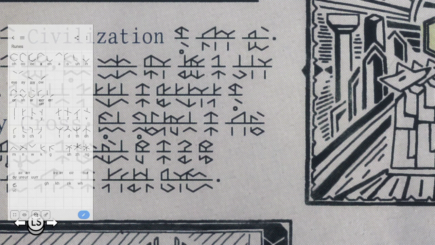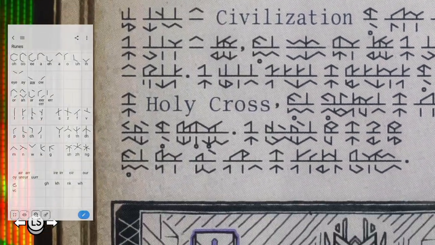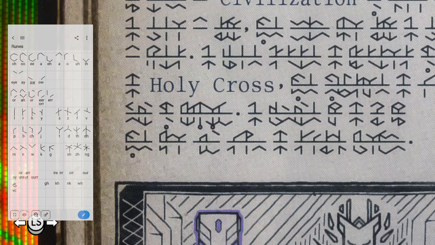I guess it says planar. Planar? No. Planar. What was that again? What's that consonant again? That's the ch.